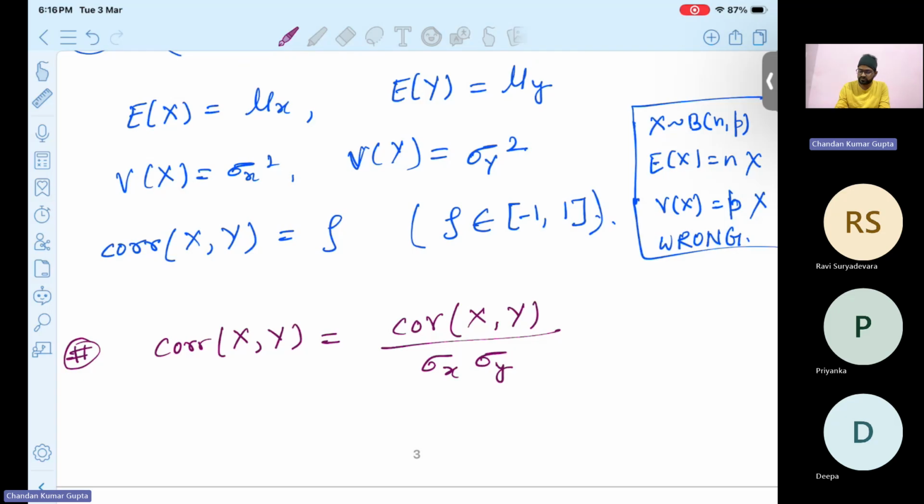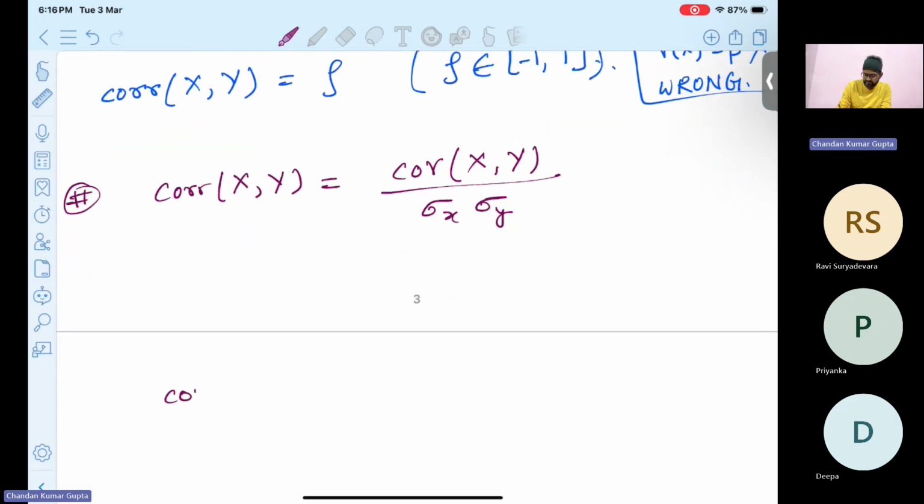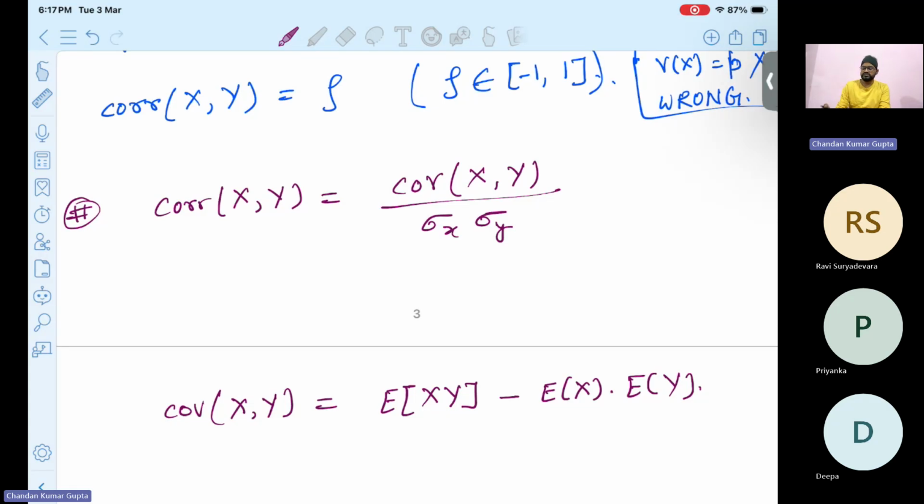So this is one of the formulas. There is also one more formula. What is the formula for covariance? Covariance between the random variables x and y is the expected value of xy minus the expectation of x times the expectation of y.